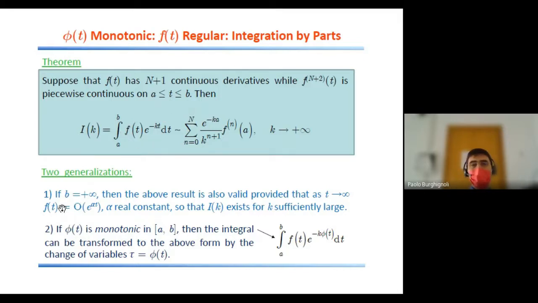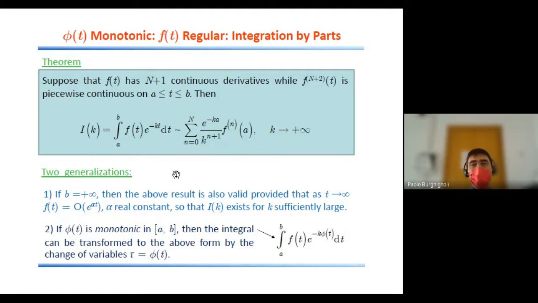Because if your function f grows exponentially with the exponent dominated by the constant alpha, then as long as k is larger than alpha, the product of f times the Laplace exponential decays at infinity, so you can integrate up to infinity. Okay. This is the first generalization.